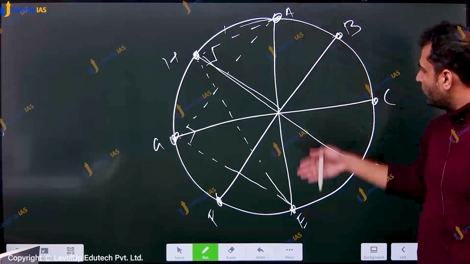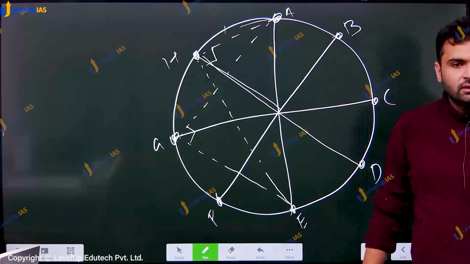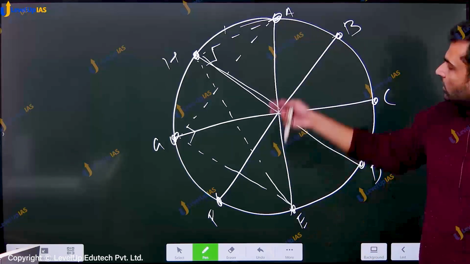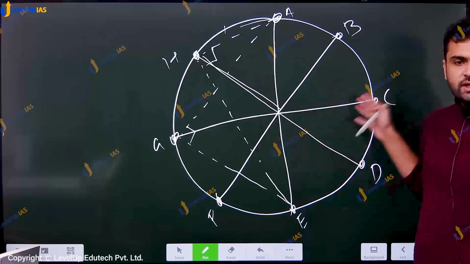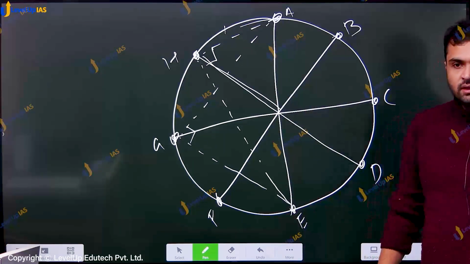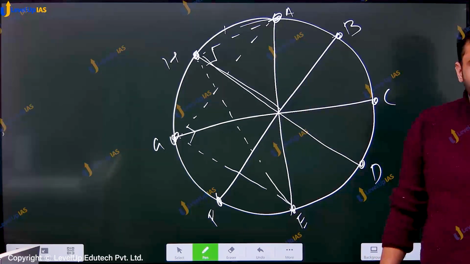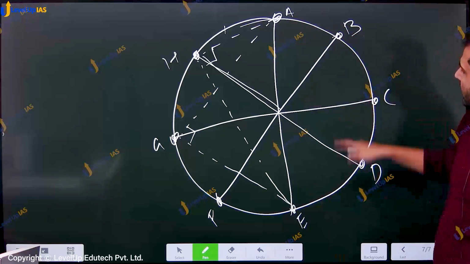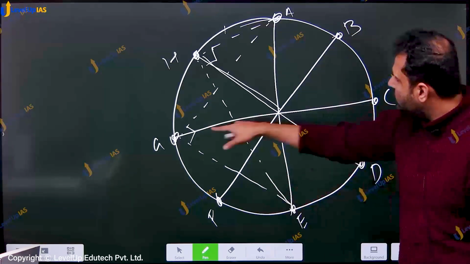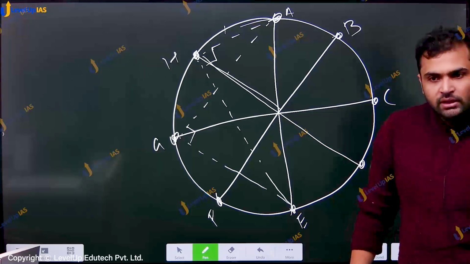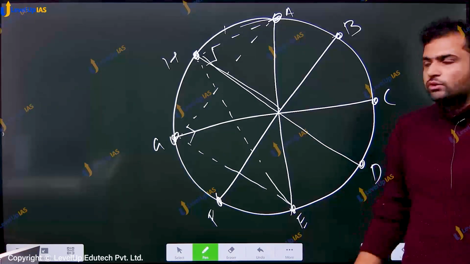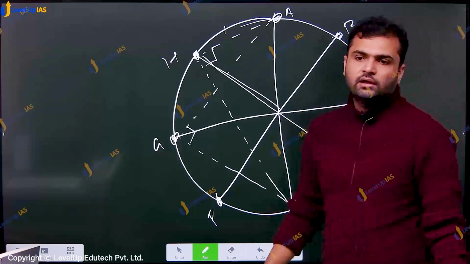So for my one choice of diagonal or diameter which passes through center, I have 6 right angled triangles. And how many such diameters can I choose? I can choose AE, BF, CG, or DH. So for diameter I have 4 choices, and for every choice I get 6 right angle triangles.